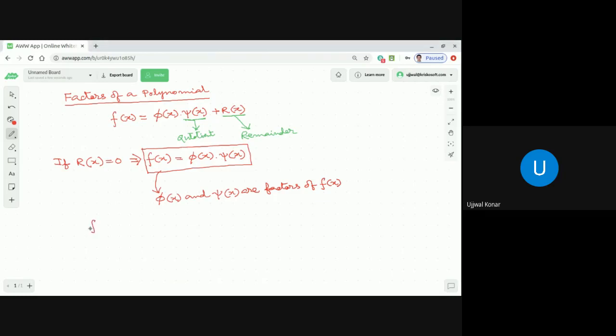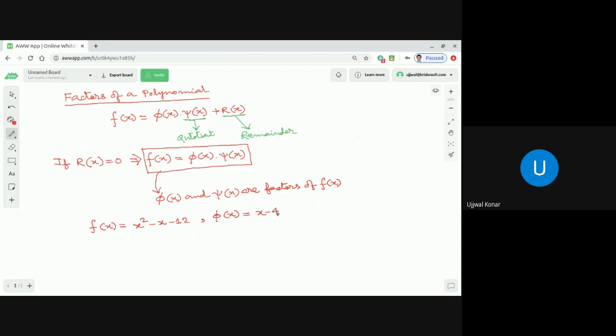Let f(x) equal x square minus x minus 12, and let's take phi(x) equal to x minus 4.